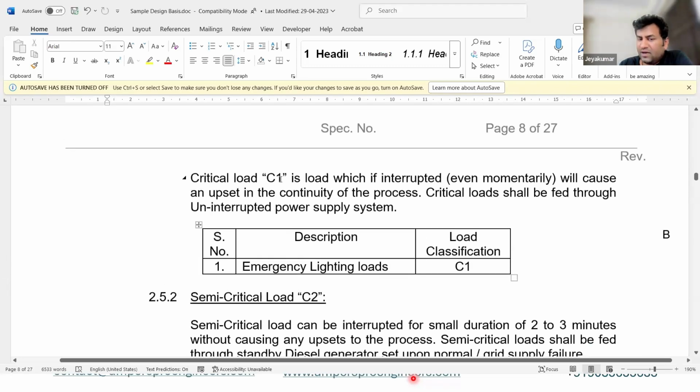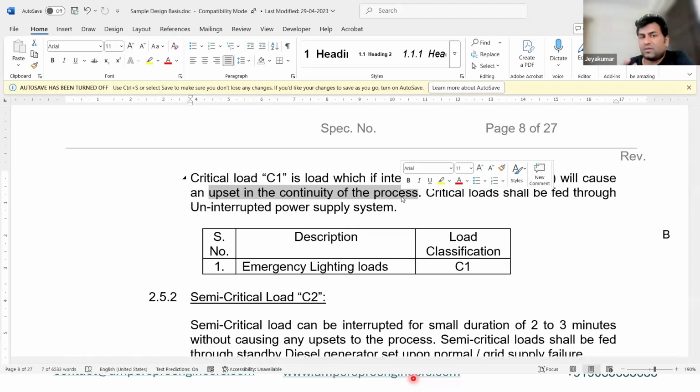So, critical load or vital load, you could say, if it is interrupted, even momentarily, it will cause upset to the continuity of the process. There are some processes where even if it momentarily interrupts, the output of that particular product will not be as expected.